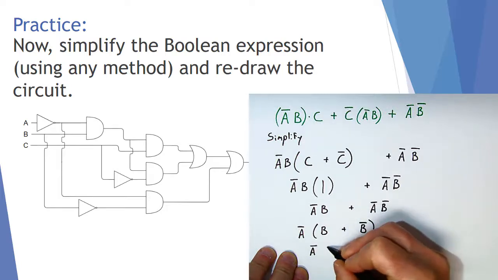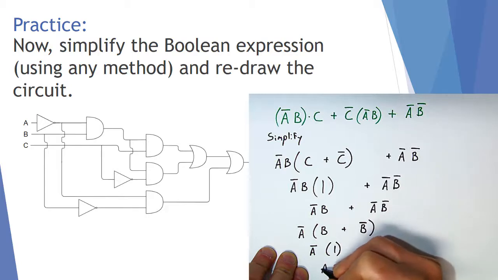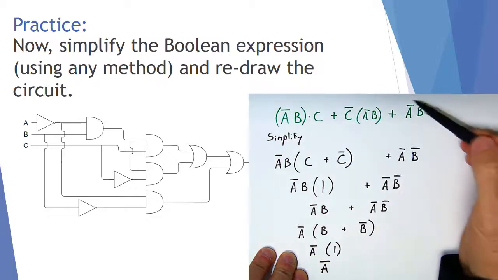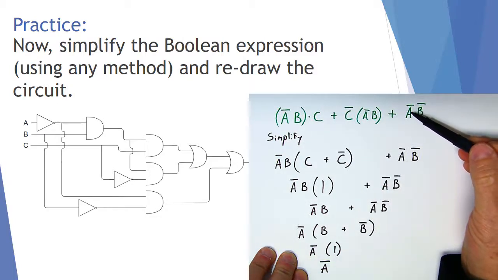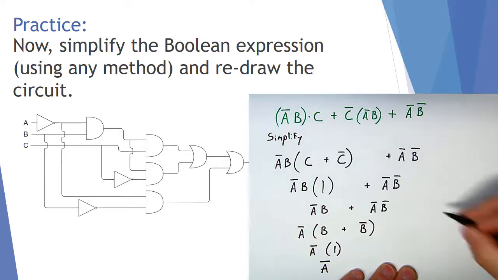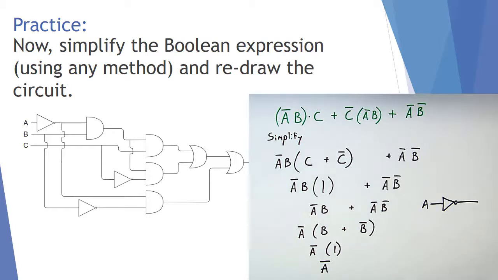And so we have the negation of A times 1, which is, of course, the negation of A. So believe it or not, this complex circuit really just boils down, and no matter what ones and zeros we feed it, it will ultimately just give us the negation of A. So we could replace that big, messy circuit with just this. B and C have no effect. The output of that circuit depends solely on the input of A, which gets reversed.